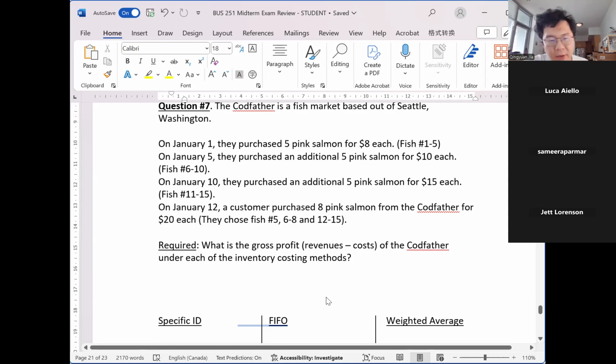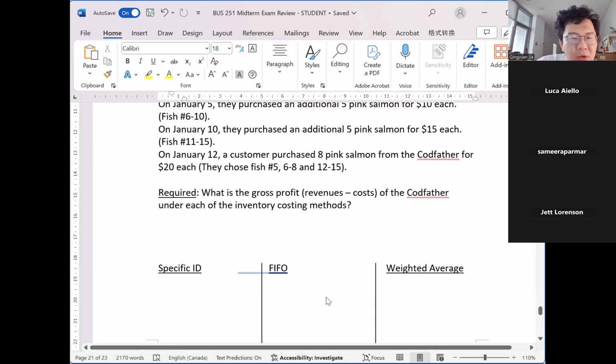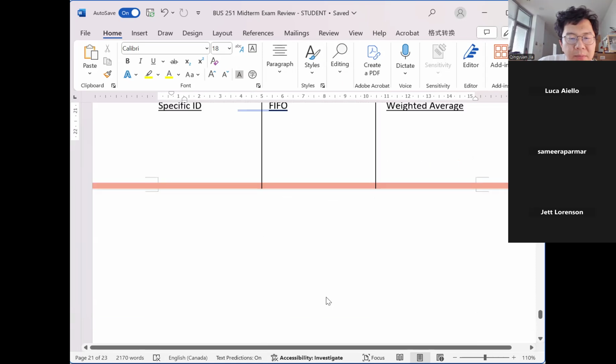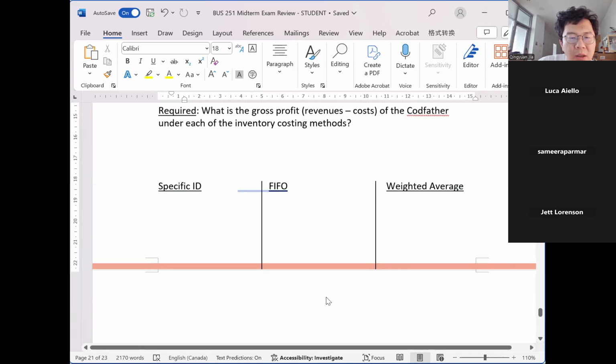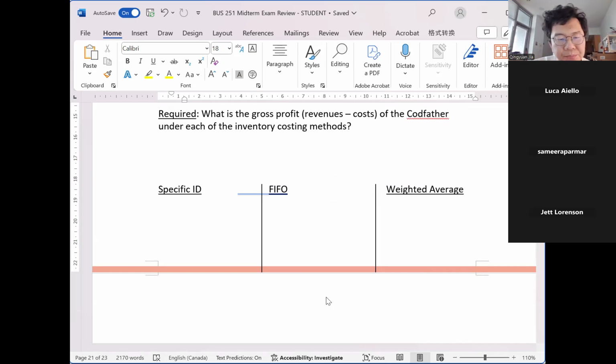They chose fish 5, 6 to 8, and 12 to 15. We are required to find the gross profit. We use revenues minus the cost of the Codfather under each of the inventory costing methods. I guess this question is asking us to calculate and make a comparison.